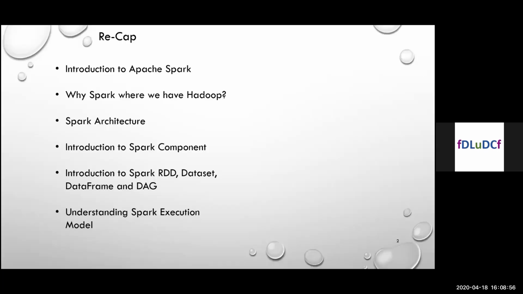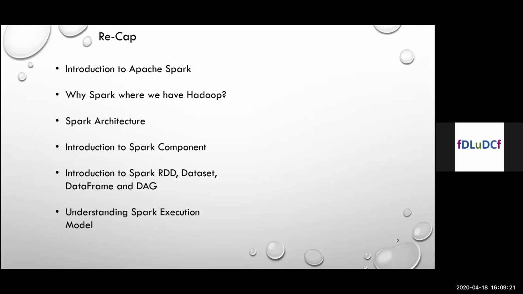So last class, we learned what Apache Spark is. It is a distributed computing framework, and it's not mandatory that we install Hadoop, but if we need to take input or output to HDFS, or we need to run a Spark program on top of Yarn, then it's a dependency.